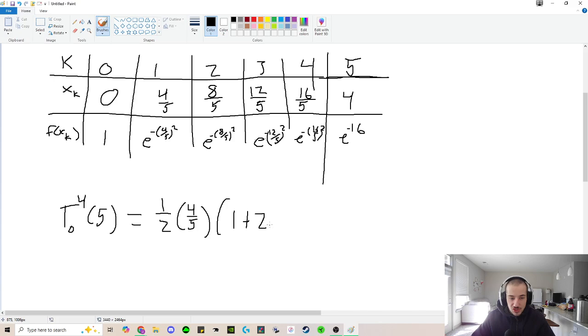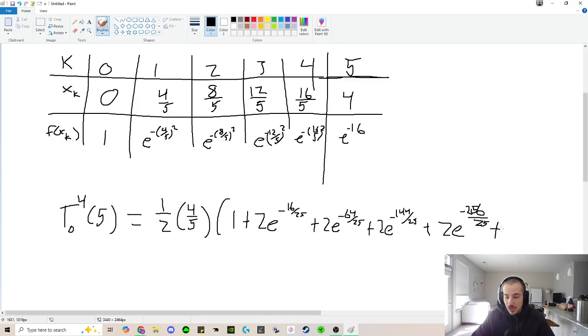So 1 plus 2e to the negative 4/5 squared, which is just negative 16/25, plus 2e to the negative 64/25, plus 2e to the negative 144/25, plus 2e to the negative 256/25, plus 1 e to the negative 16, right? You have to remember our e to the negative 16 is just the endpoint. It's not getting double counted.